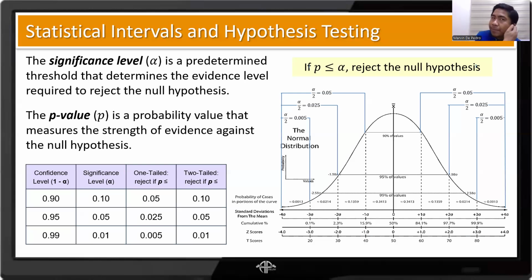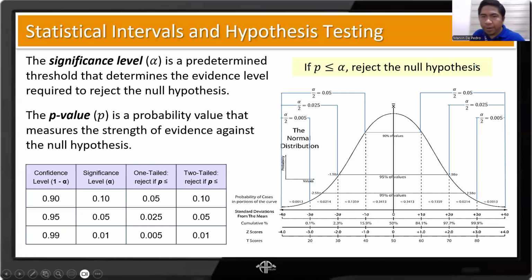Okay. But another way to do that is to derive the p-value, or the probability value, that measures the strength of evidence against the null hypothesis. So for example, if your statistic value falls in this certain portion, okay?